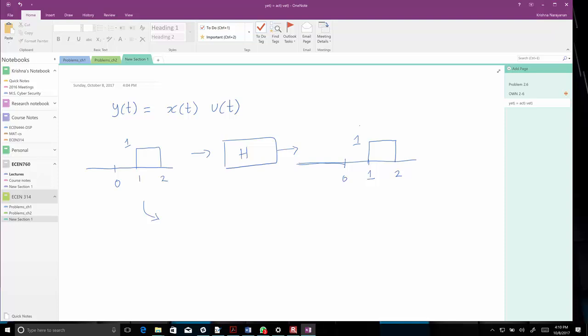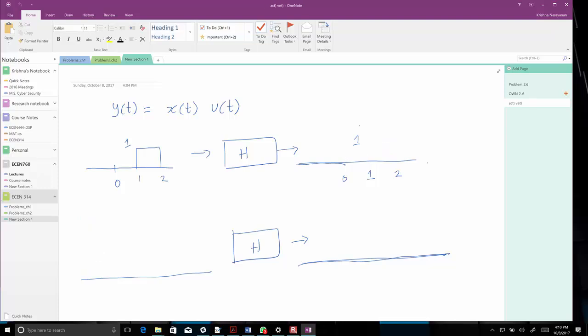But the real problem is this: what if my shift is -2? If I take this signal and shift it to the left by 2, then my input would look like this, right? And if this were to go into my system, what would come out? It would be just 0 everywhere.